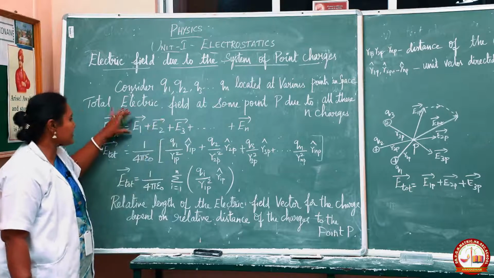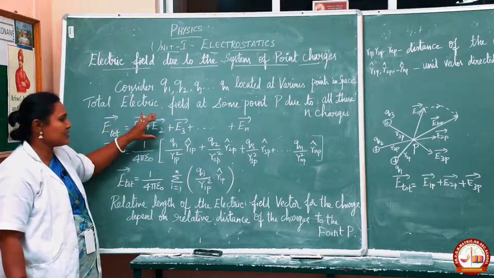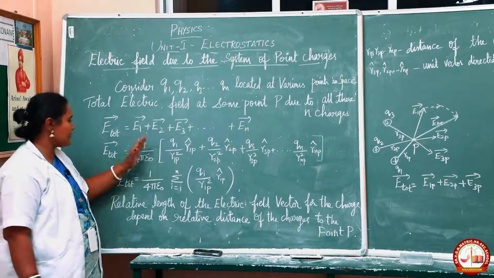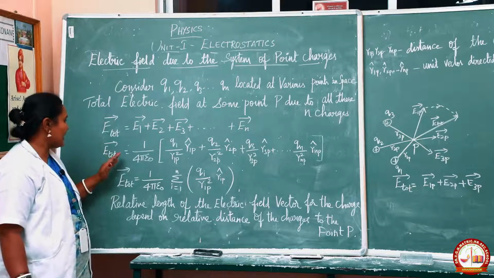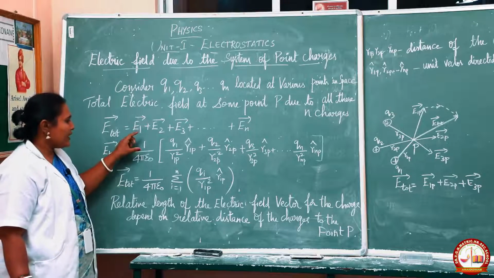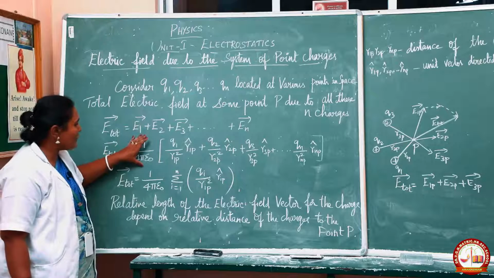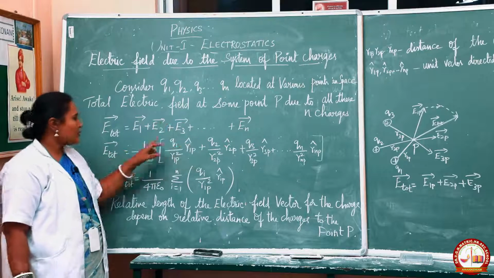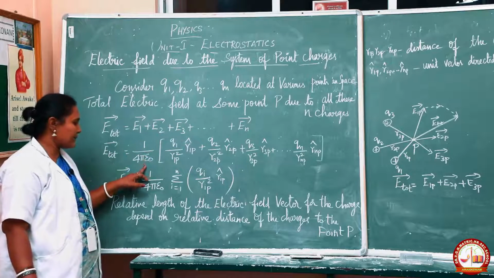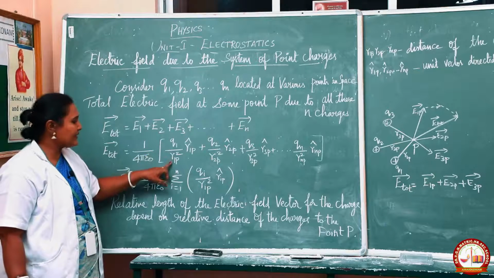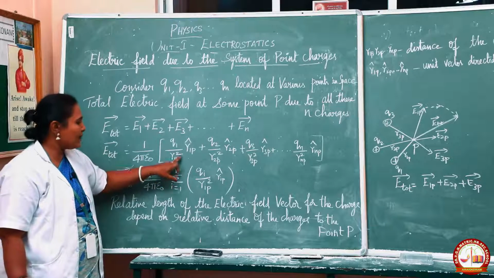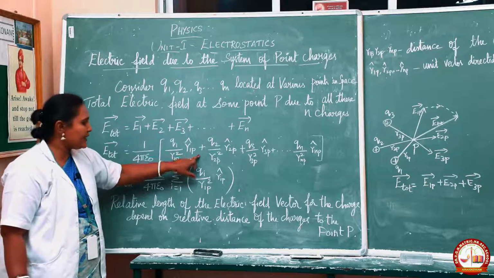Now we substitute the values of each of E1, E2, E3. E total vector is equal to, taking 1 by 4 pi epsilon naught, which is common in all these terms, 1 divided by 4 pi epsilon naught Q1 divided by R1p square R1p cap.